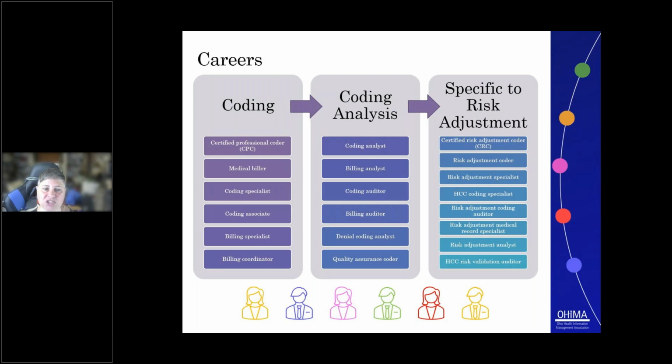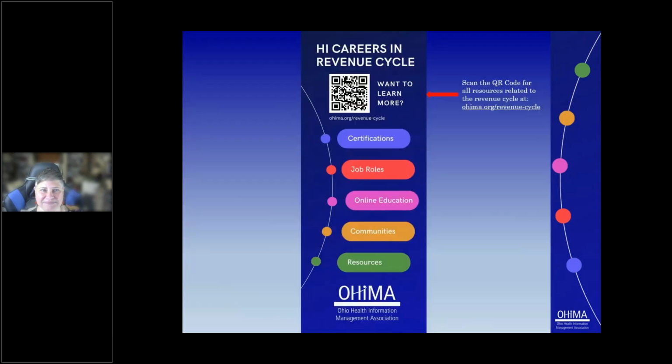Also, the specialization increases as you move horizontally from left to right in this graphic. So experience as a coder is generally a prerequisite for coding analytics, and experience in coding and/or coding analysis is often preferred for positions specific to risk adjustment.